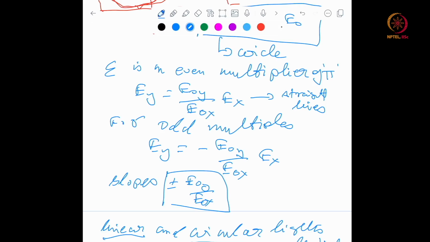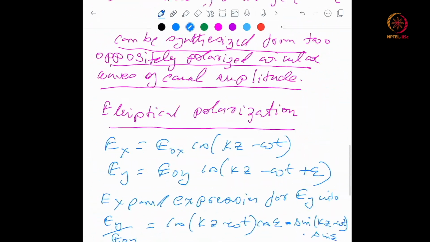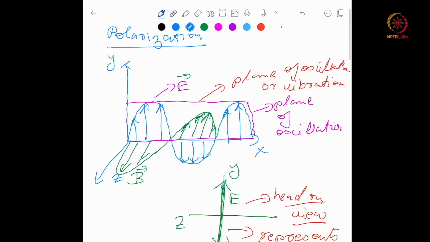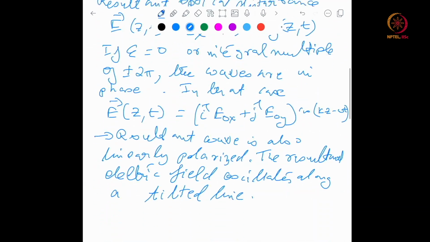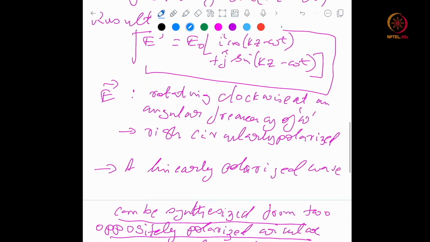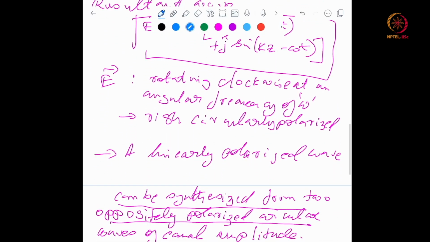So we have looked at circular polarization, linear polarization, and elliptical polarization, and we showed why elliptical polarization is the key thing here. All are special cases of that, and things can be determined from the elliptical polarization.